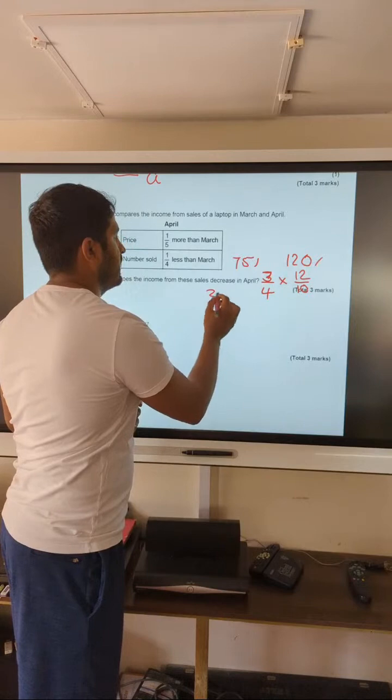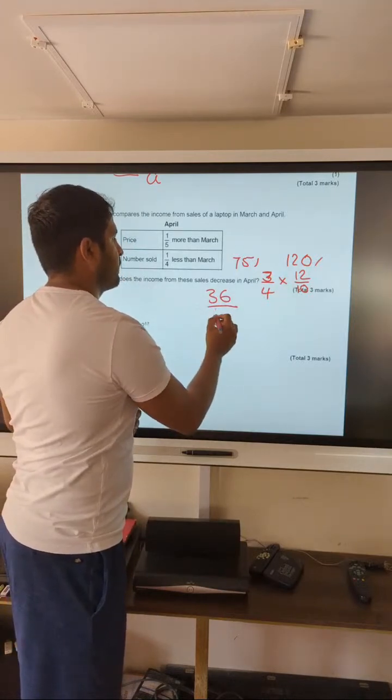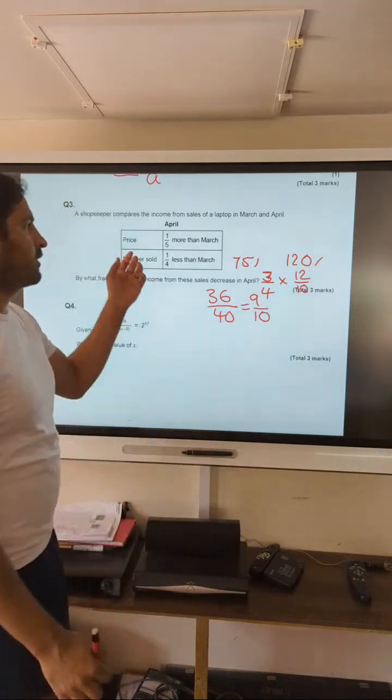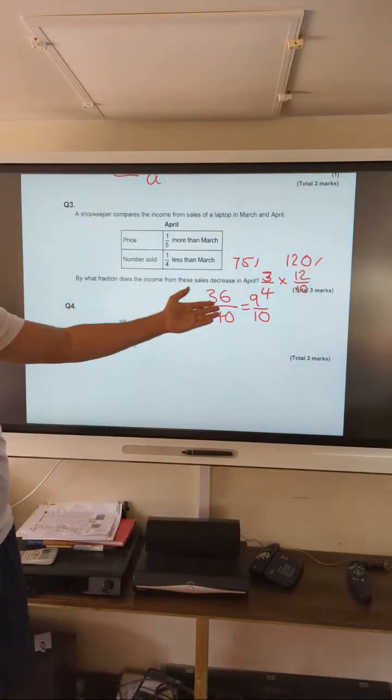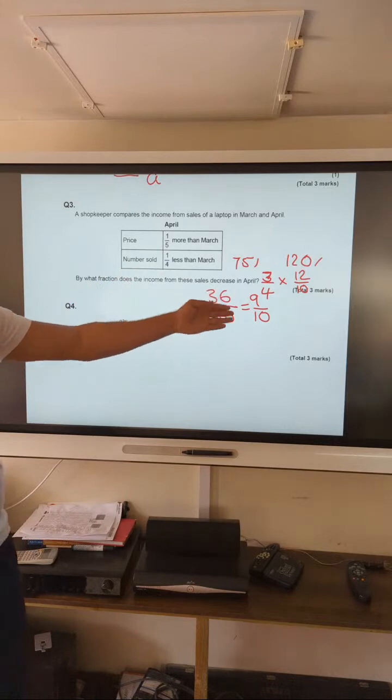So we get 18 over 20, which is 9/10. So compared to March, we're going to be selling 9/10 of the March product. The income would be 9/10 of the March income.